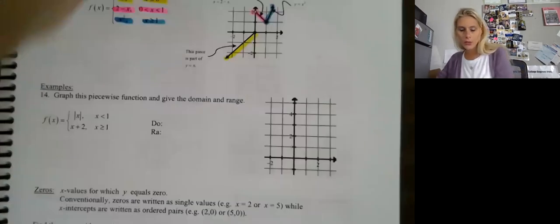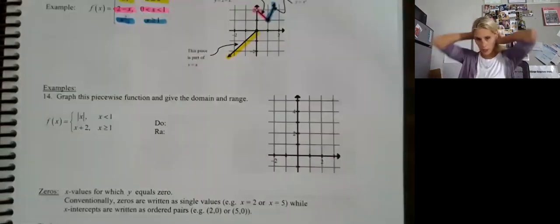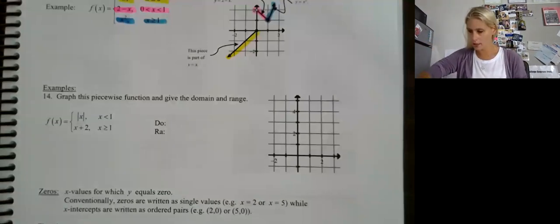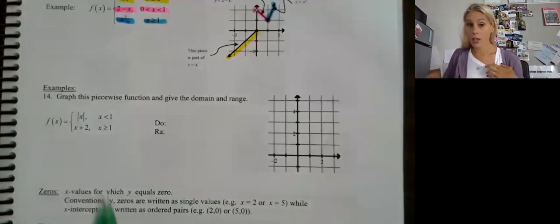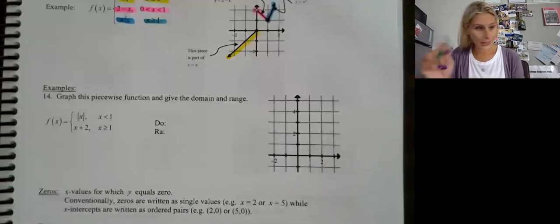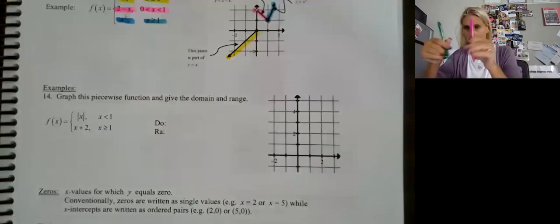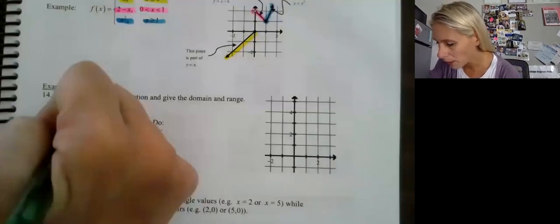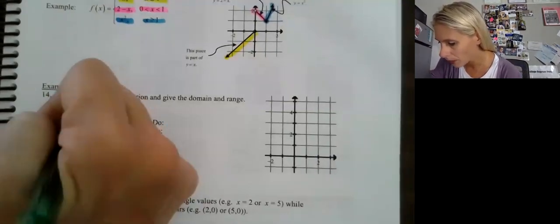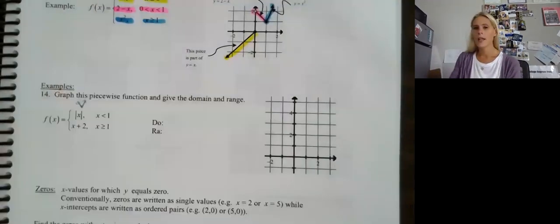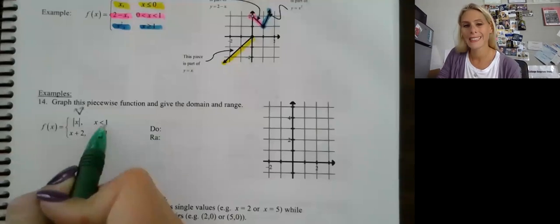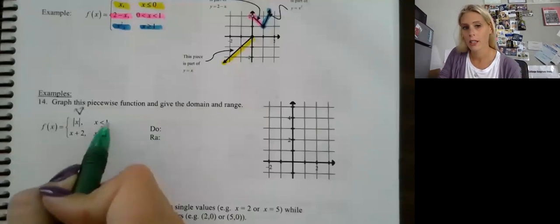Now let's try to do it ourselves, and then we're going to do our domain and range on this. So first of all, what I want you to look at, and I'm going to do this in colors, okay guys, I'll do green and pink. So this is an absolute value. If you remember, absolute value is a V, okay? But we're only going to do it from less than 1, and that is a hole right there, okay?